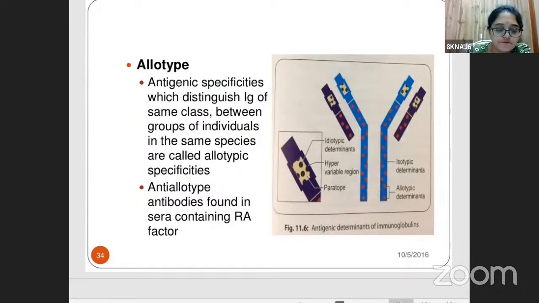So when it comes to the functions of immunoglobulins, how does it function in the first place? Neutralization, agglutination and precipitation, complement activation or fixation, antibody dependent cell cytotoxicity, and opsonization. These are the functions of immunoglobulins.